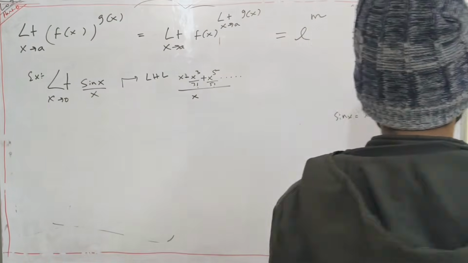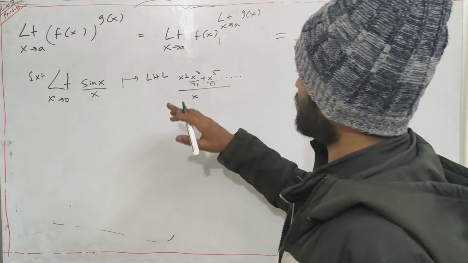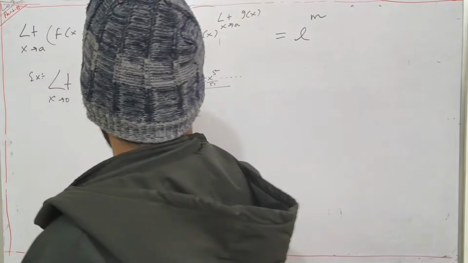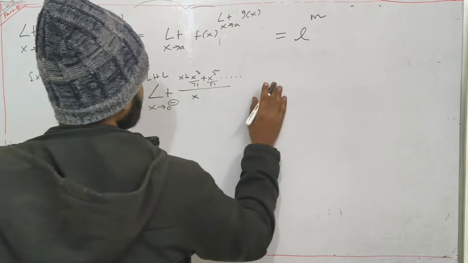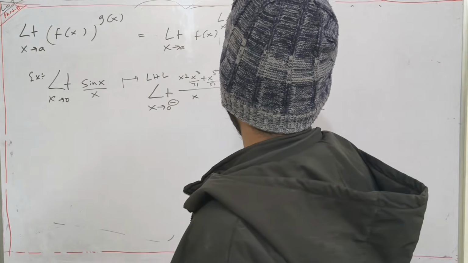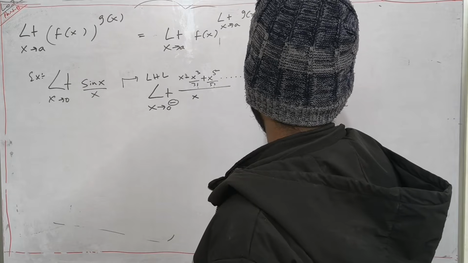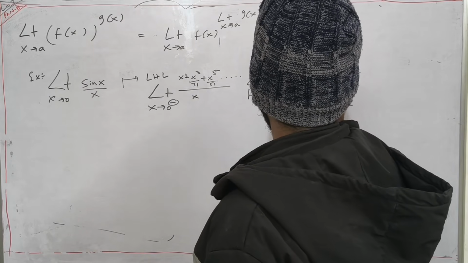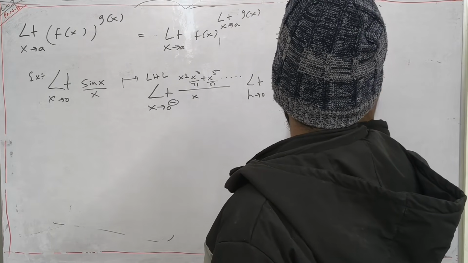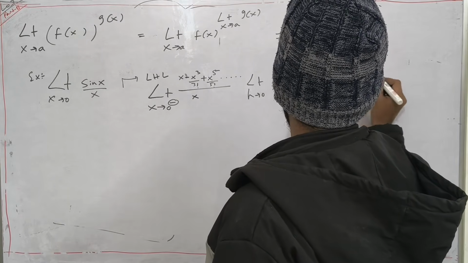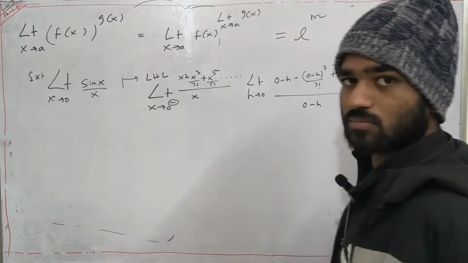Then the left hand limit is limit x tends to 0 minus. This equals limit h tends to 0 of f of 0 minus h, that is, 0 minus h minus (0 minus h) whole cube by 3 factorial plus (0 minus h) whole power 5 by 5 factorial and so on, by 0 minus h.